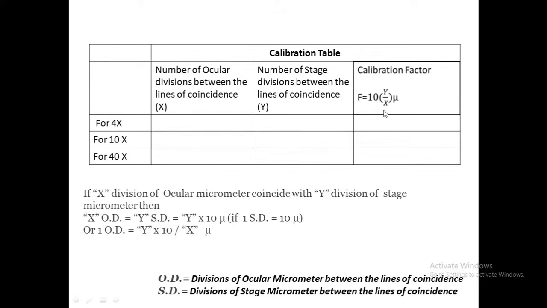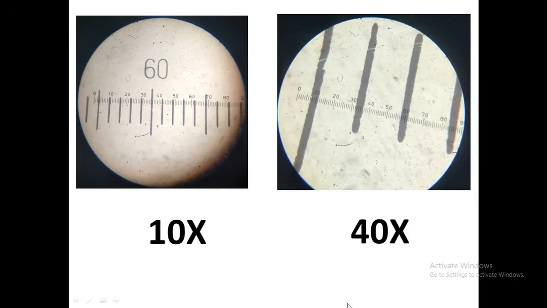We have to calculate different calibration factors for different objective lenses as well as for different microscopes. These are the photographs where you can try to calculate the calibration factor for 10x as well as 40x of a specific microscope.